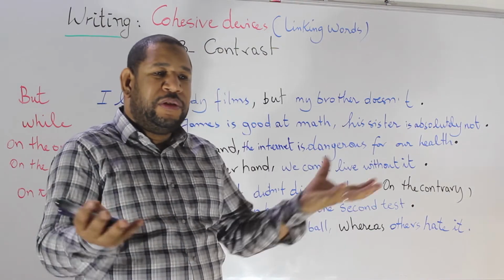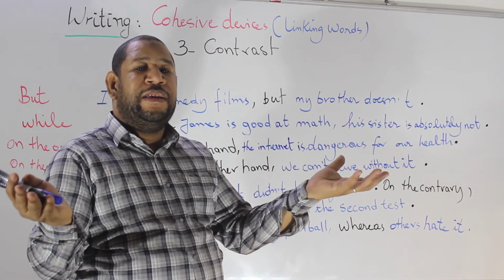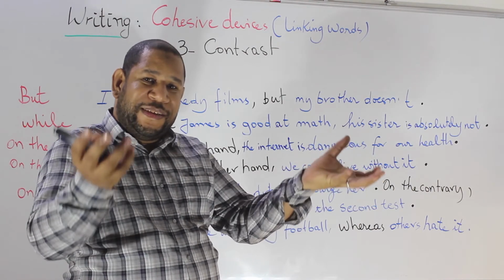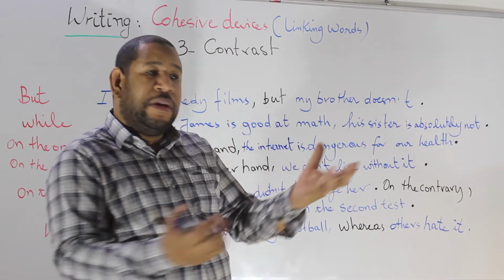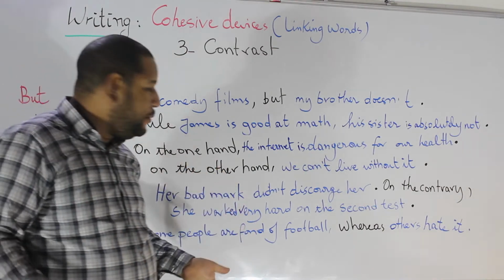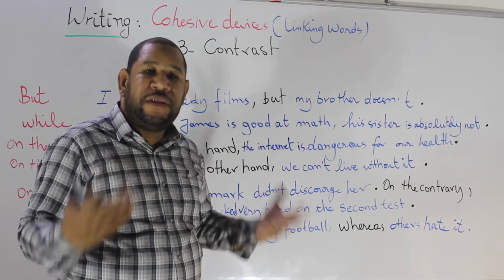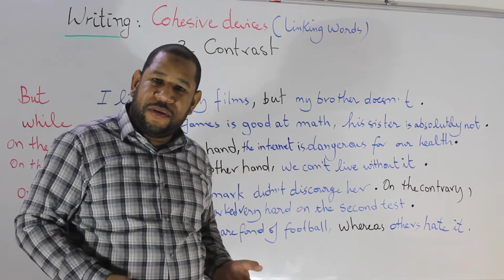So we have two similar but contrasting ideas. We want to show that they are similar, they have the same weight. Some people like football, some people don't like football. So we say some people are fond of football, whereas others hate it. So this is what we call contrast, and these are linking words of contrast.